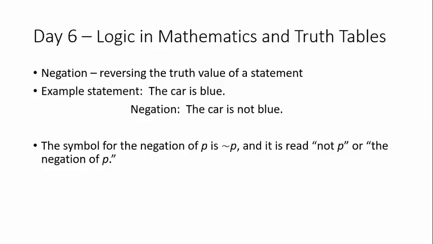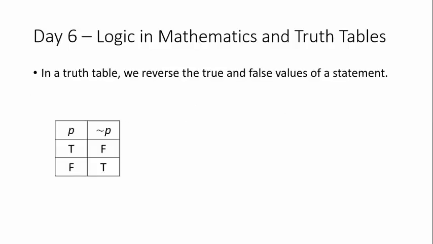The symbol for a negation of P is this tilde in front of the P. It is read not P, or the negation of P. So we see in a truth table here that we just reversed the truth values. So when the truth values of P are true, false, the truth values of the negation of P are false, true.